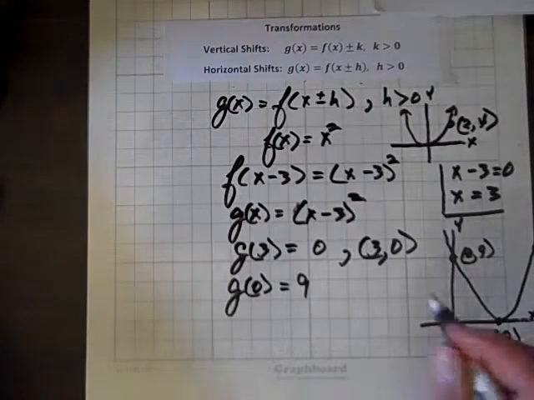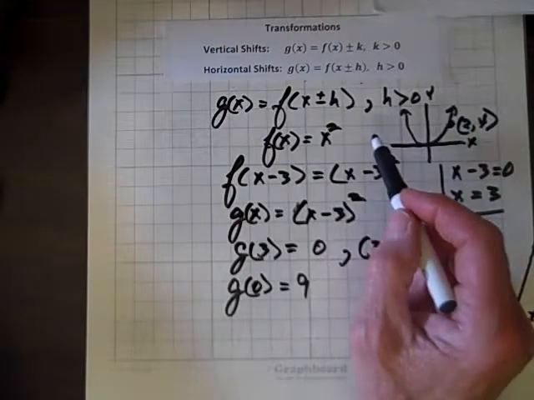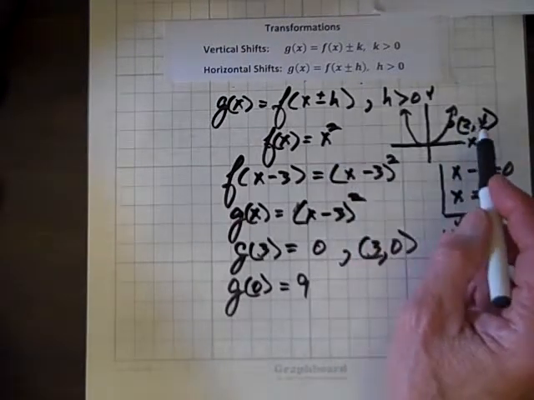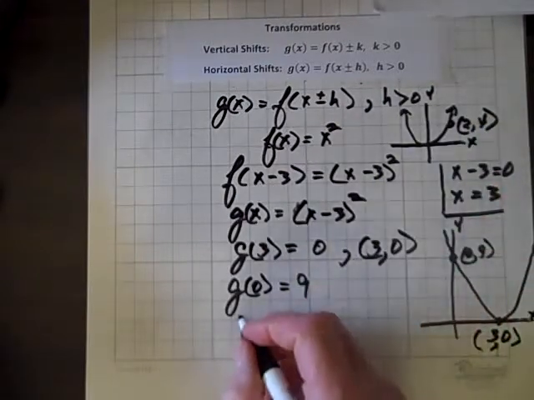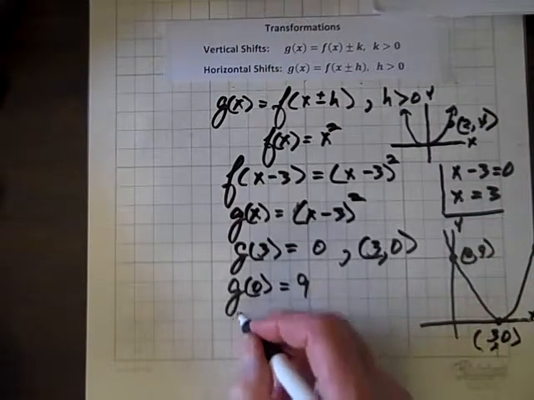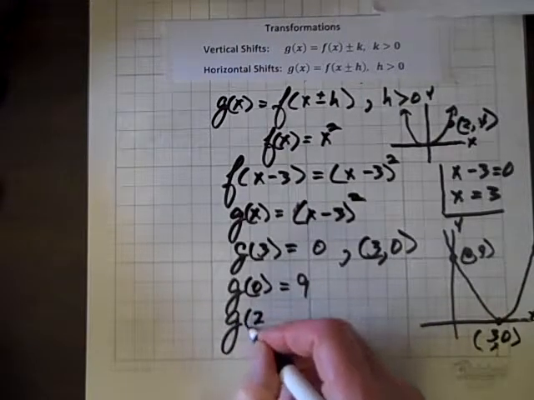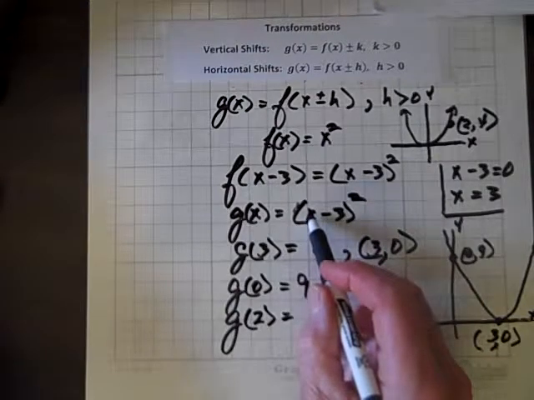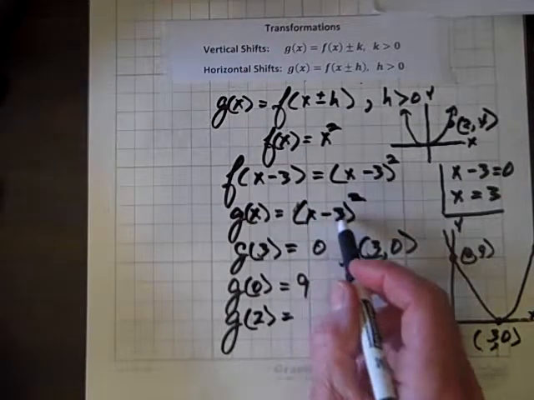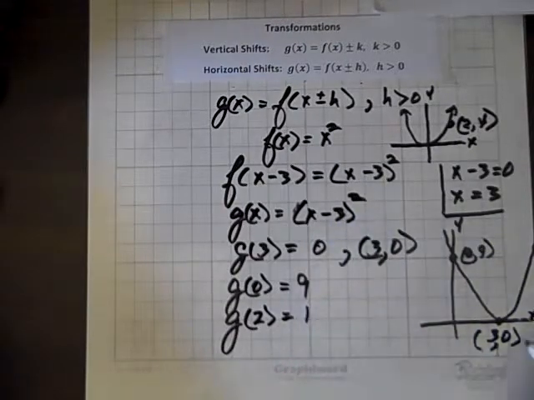And now, recall when we let x equal 2, we had a 4. So let's see what we get for g of 2. G of 2 equals, let's see, replacing x with 2, we get 2 minus 3 is negative 1. Square negative 1, we get 1.